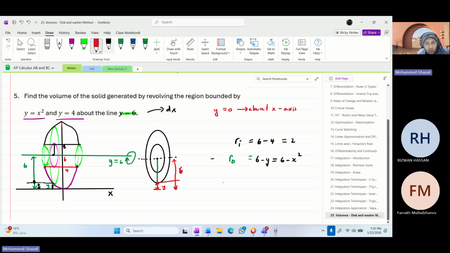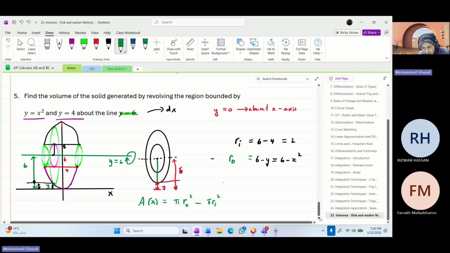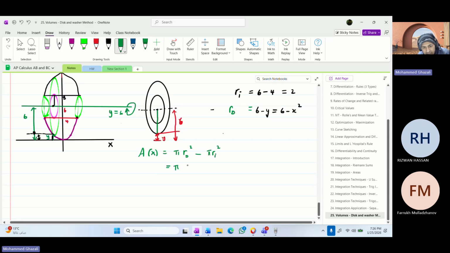That's great. Now, to find the area of the cross section, what's the outer radius? 6 minus x squared. So pi times the bigger circle minus the smaller circle. Take the pi out.